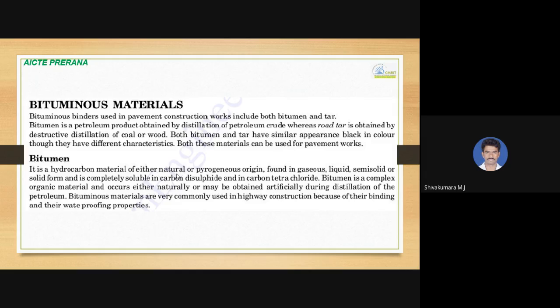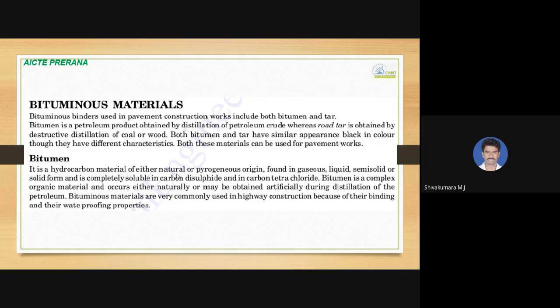In that, the majority of roads are constructed with bitumen only. It is a hydrocarbon material of either natural or pyrogenous origin, and it is found in a gaseous state or in liquid, semi-solid or solid form, and it is completely soluble in carbon disulfide and in carbon tetrachloride.